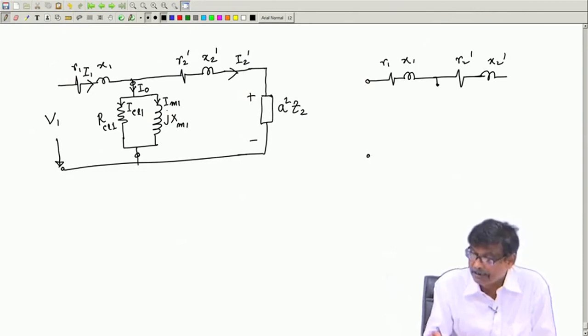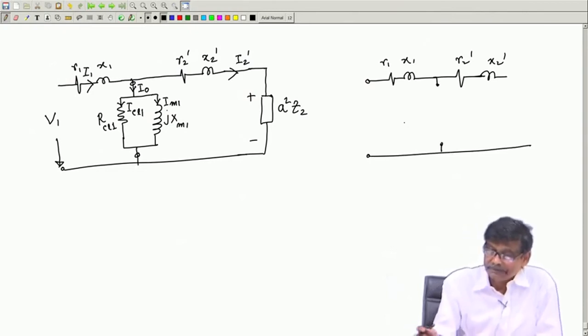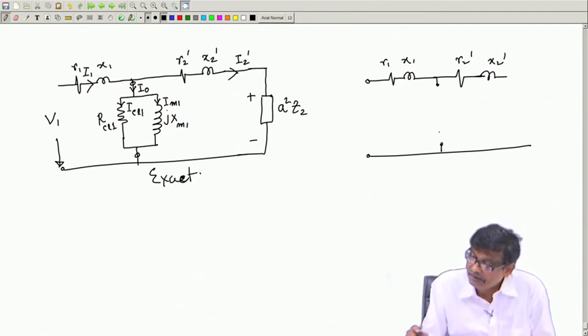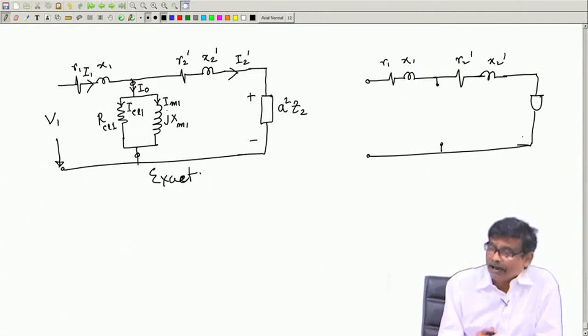I know I am making a mistake. That is the exact equivalent circuit. But what I will do is this, I will remove this and here the load impedance is there, but this branch I will remove and say that this is the approximate equivalent circuit.